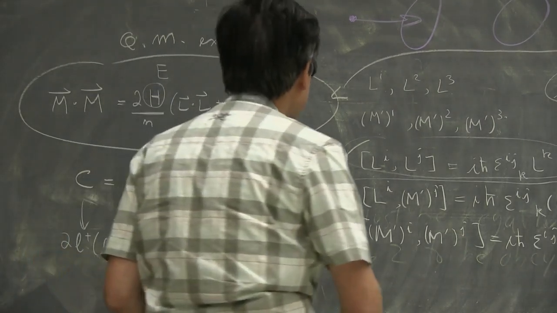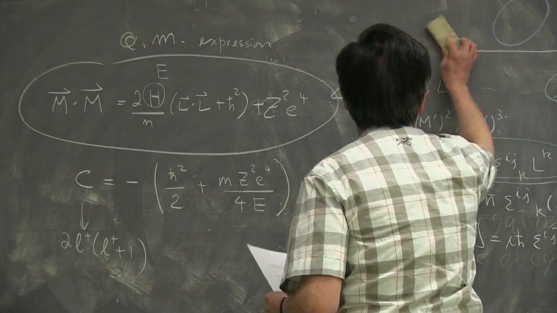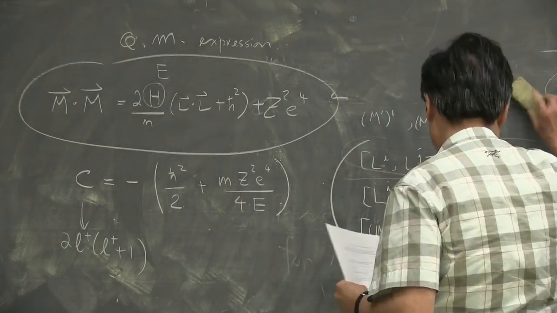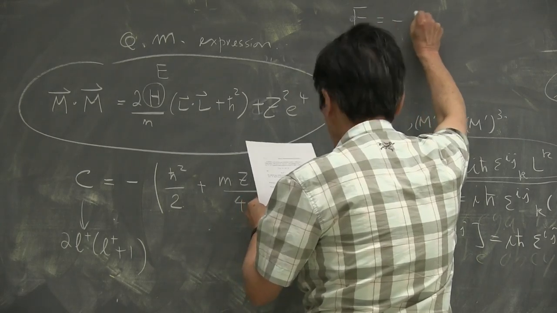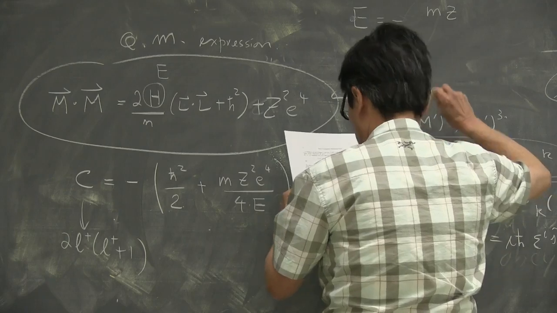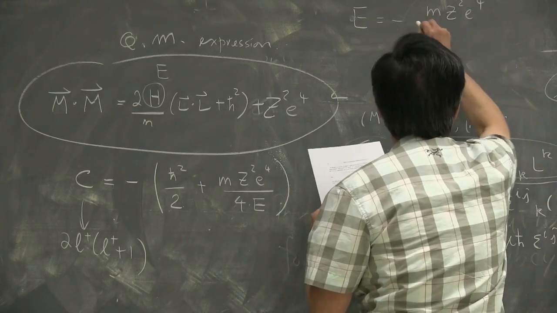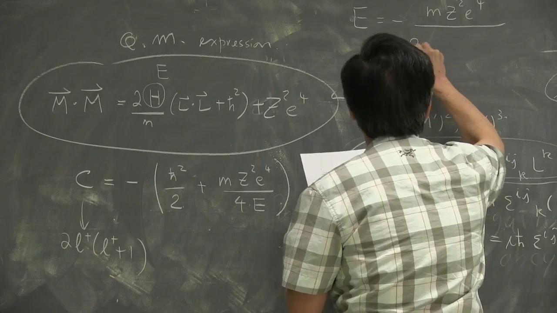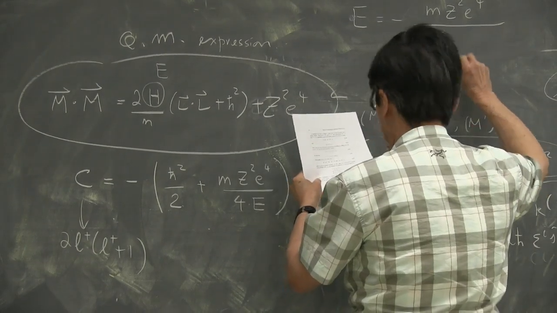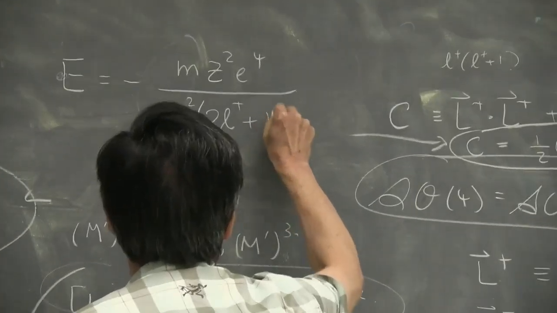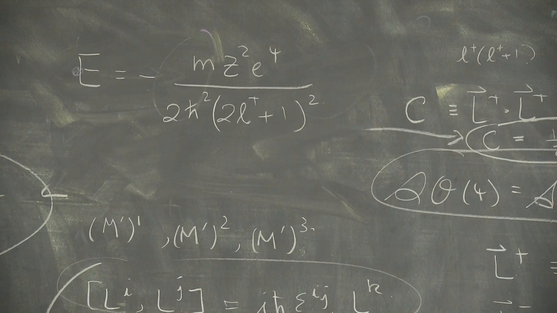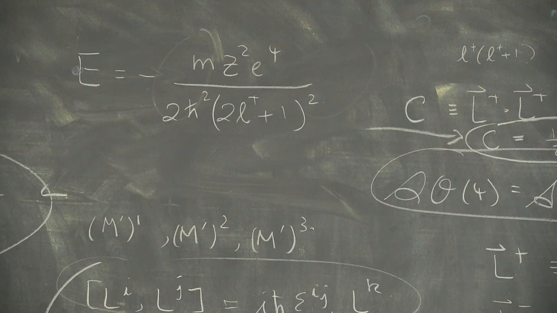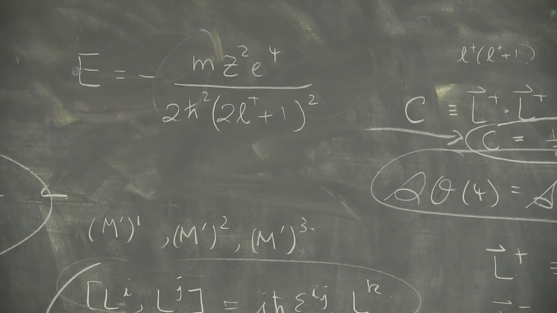And we get this simple result, that E is equal to minus m Z squared e to the fourth divided by 2 h bar squared times (2 L plus plus 1) squared, like that. You solve this equation for E, you come up with this result.